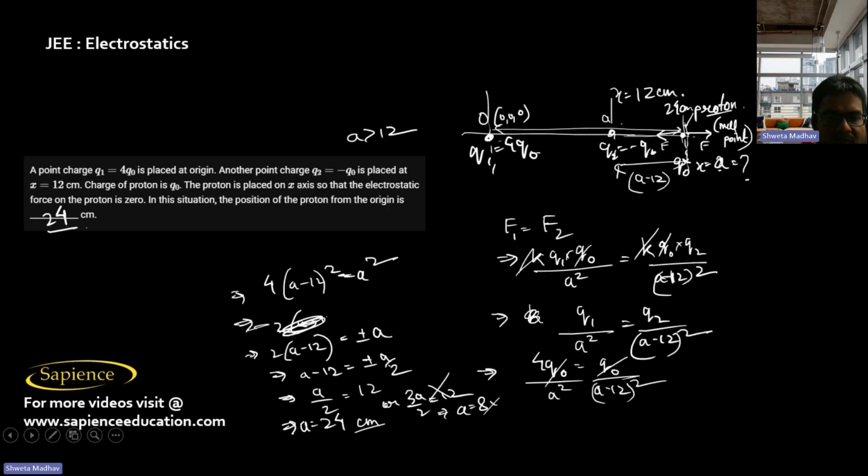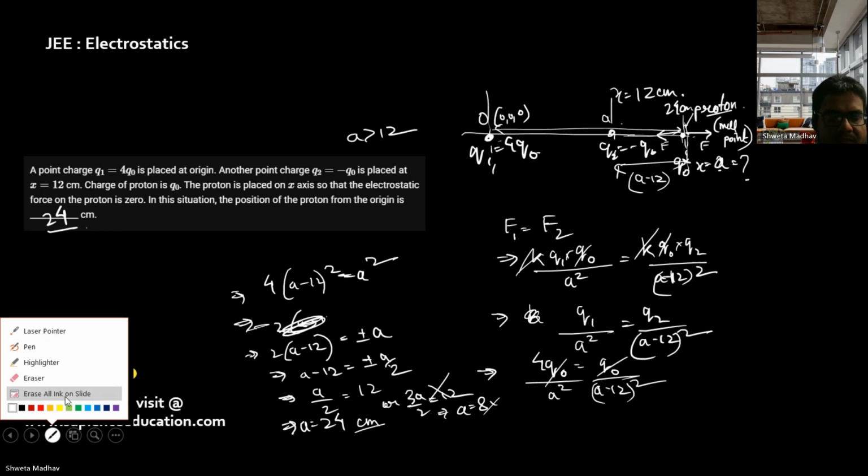Okay. So then here it is told that point charge q1 equal to 4q naught is placed at the origin.